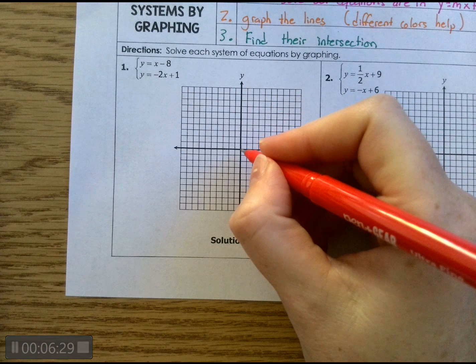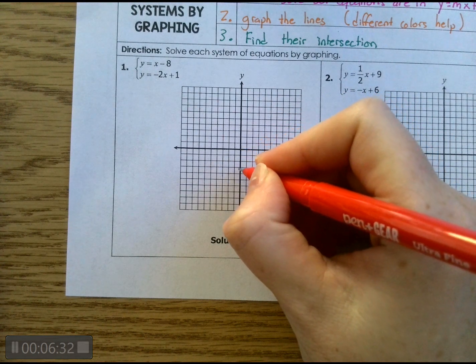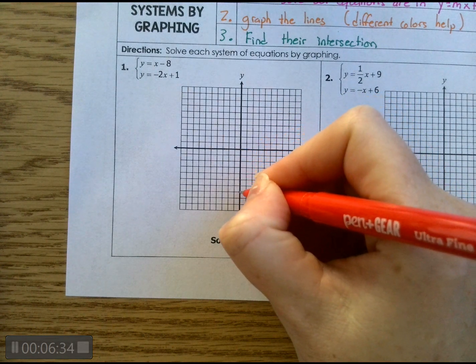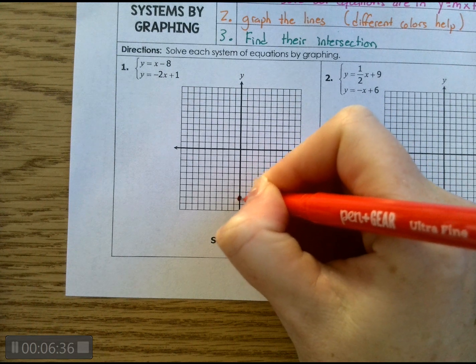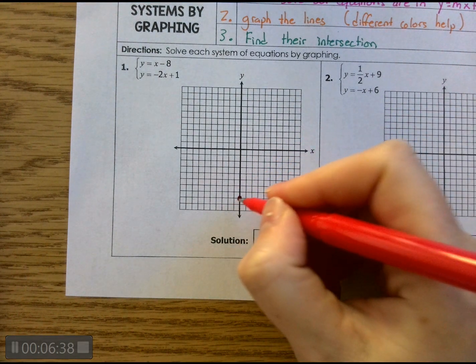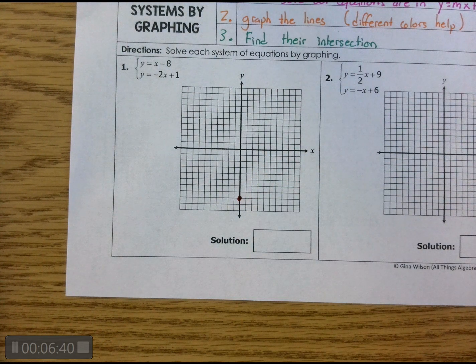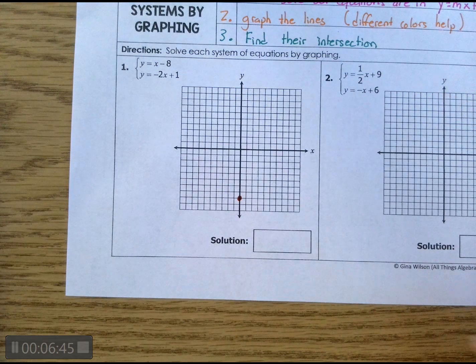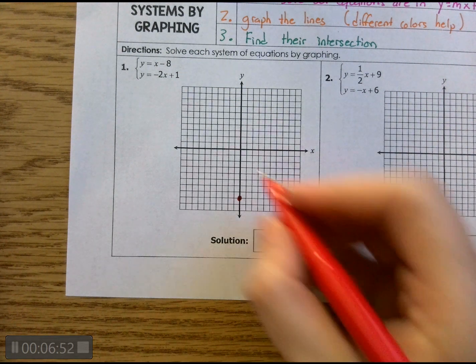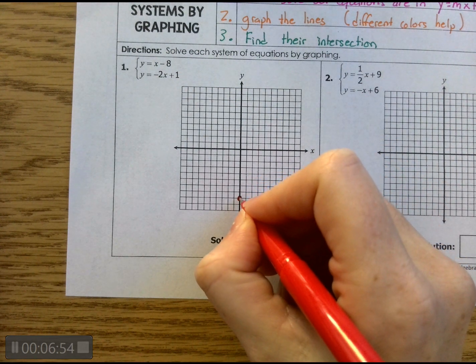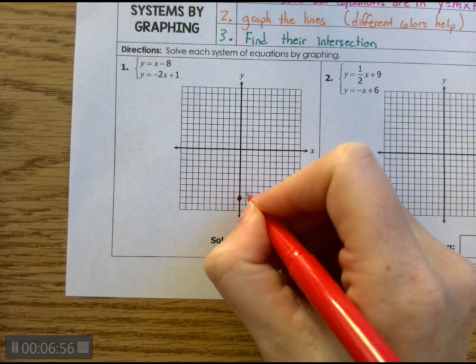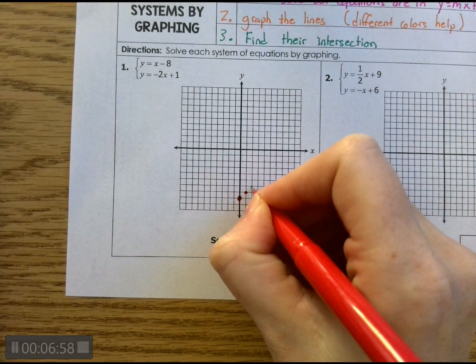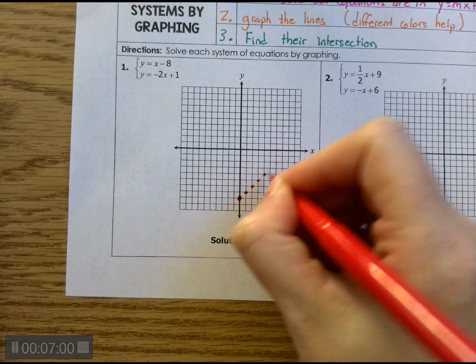So we're going to go down 8. 1, 2, 3, 4, 5, 6, 7, 8. And then from this point, we are going to graph our slope. And remember, when we have just x, that means our slope is 1. And because our slope is a whole number, you have to put it over 1. So it's going to be a rise over a run. So up 1 to the right 1, up 1 to the right 1, and so on and so forth.